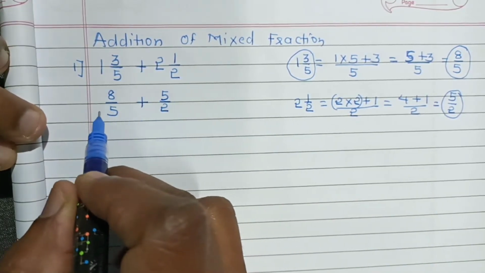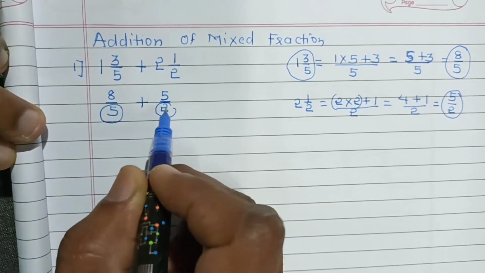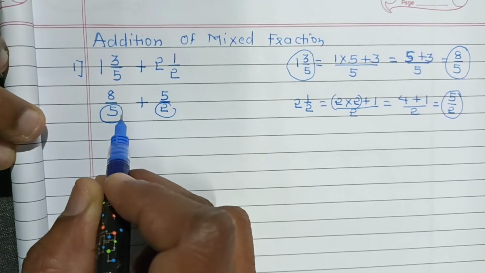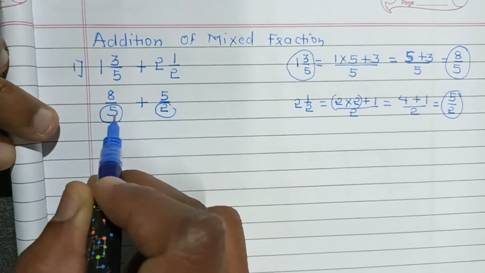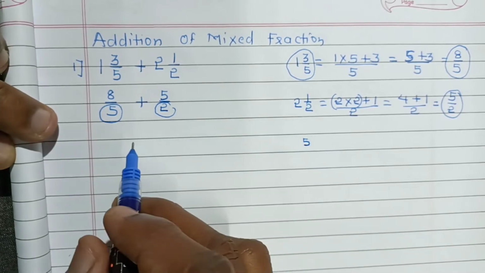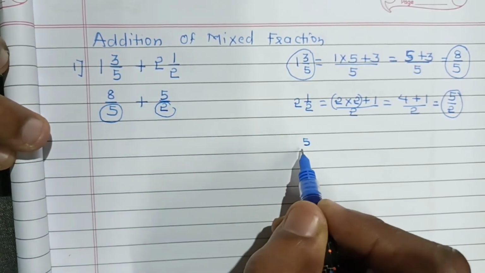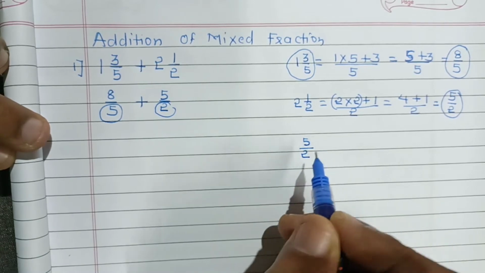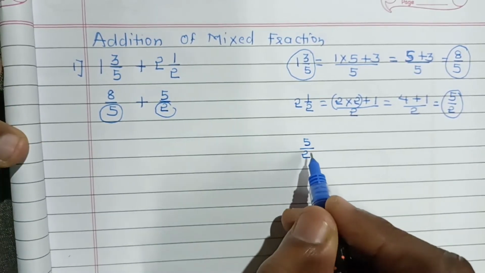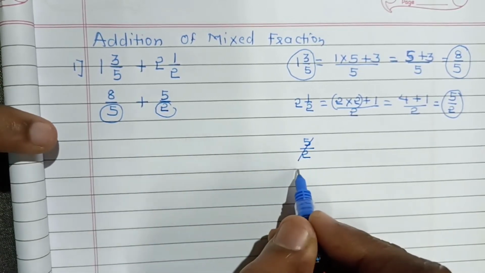So how to find out the LCM of this 5 and 2 by the shortcut method? First you have to see the highest number in between 5 and 2. So what is the highest number here? 5. That 5 you have to write here, and then you have to see this next number 2. It is divisible or not, you have to see. 5/2 is not divisible, so therefore what you have to do? The highest number here is 5.